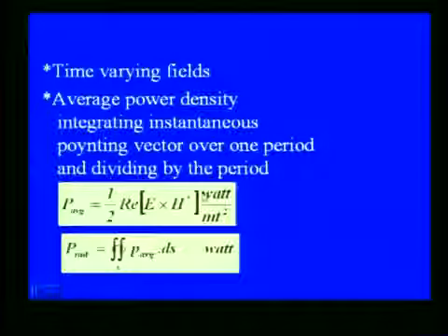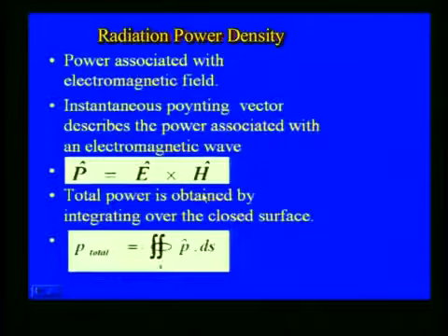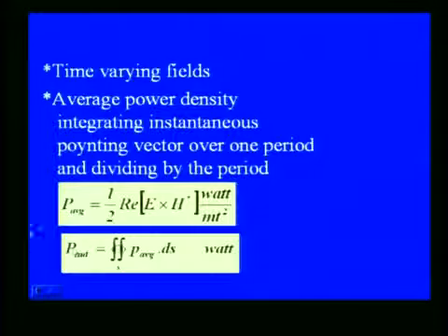Now, prior to this, I would like to explain one thing here. When you are talking about the instantaneous Poynting vector, integrating that through a closed surface, you are getting the instantaneous total power. Then you are going for a time varying field. In a time varying field, you are more interested in the average power.